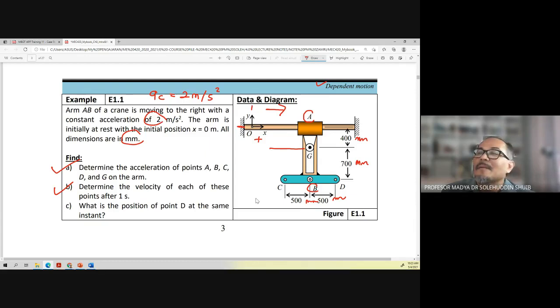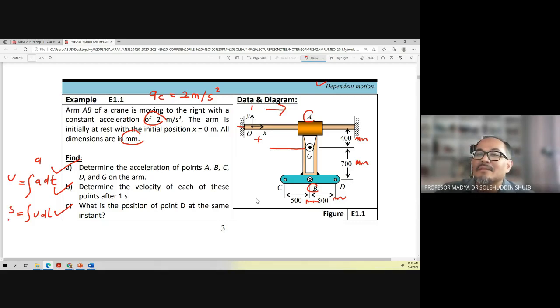Okay? And then you substitute the value of time with 1 second. Okay, and then what will be the position? Okay, so we do the integration, we integrate the acceleration, we get velocity, and then you integrate the velocity, you get the position. Okay.